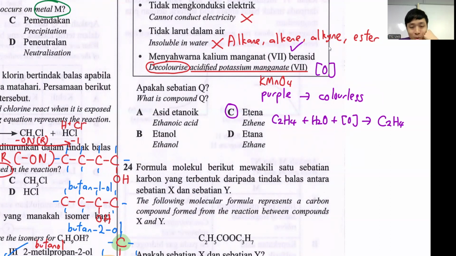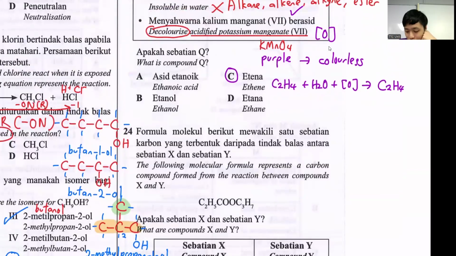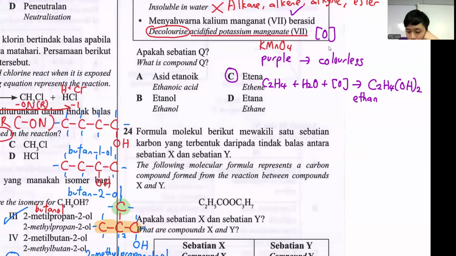Today is so laggy. Okay, so it's like this. This is the equation, you will get ethane-1,2-diol.